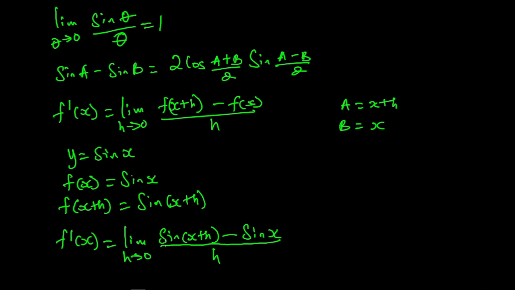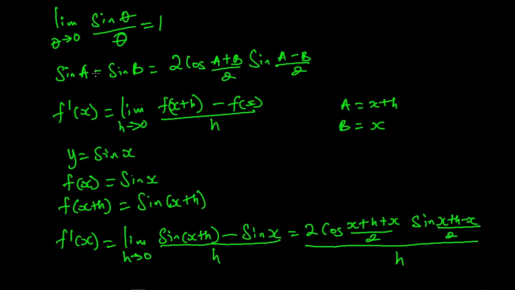In that wise, sine x plus h minus sine x is going to be equal to 2 cos A plus B, which is going to give us x plus h plus x, then everything over 2, sine A minus B is going to give us x plus h minus x, then everything over 2, then all over h.